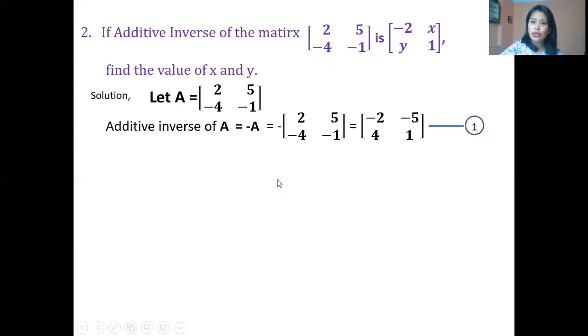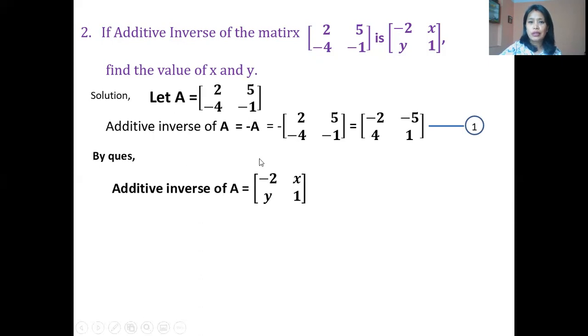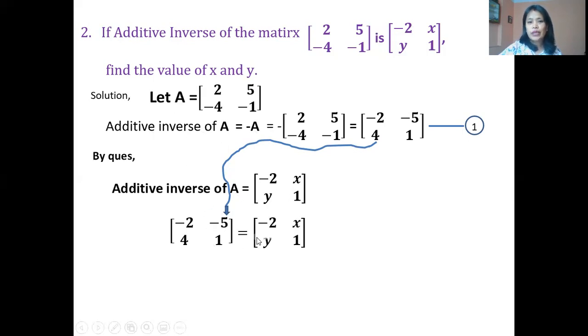But according to the question, the additive inverse of A is given here. This much. The additive inverse of A, minus A, we have calculated here. So we have substituted the value of the additive inverse from here, in place of this one. This is equal to, and it is copied.